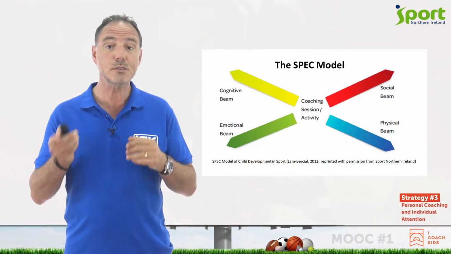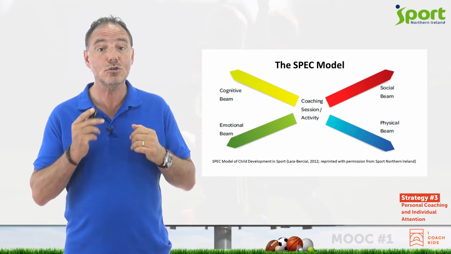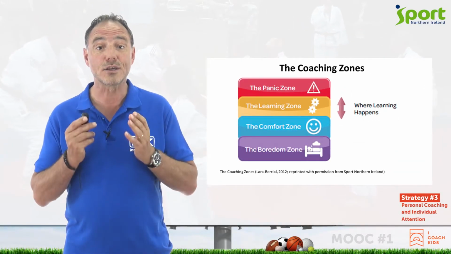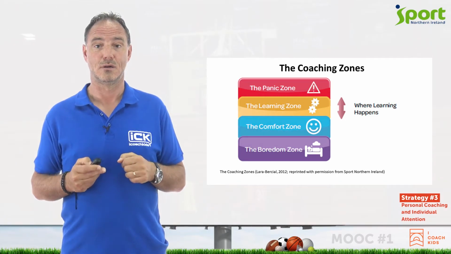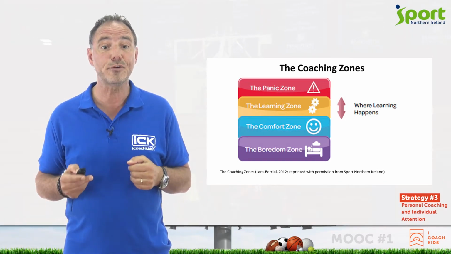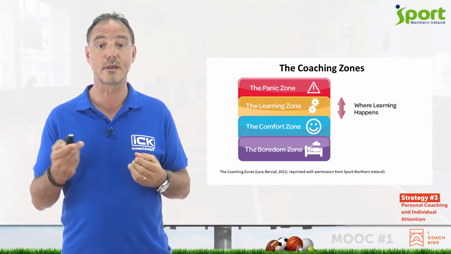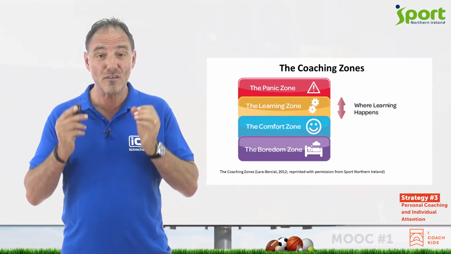However, as we saw in the SPEC model and the coaching zones in Chapter 4, if you don't, it's a recipe for disaster. Recognizing the difference and trying to adapt and differentiate your sessions to the different individuals pays off big time.